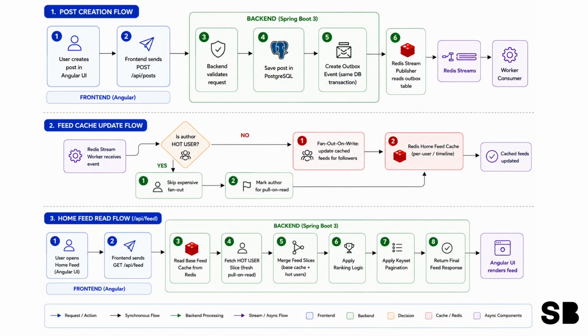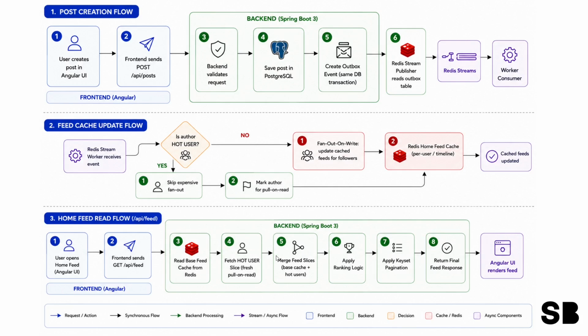Now let's understand the home feed read flow. When a user opens the home feed, the front end sends a GET API feed request. The backend starts by reading the user's base feed from the feed cache. This base feed contains posts that were already pushed using fan out on write.